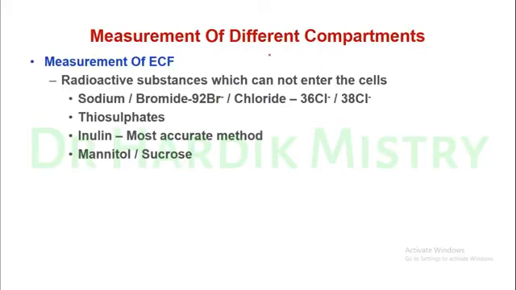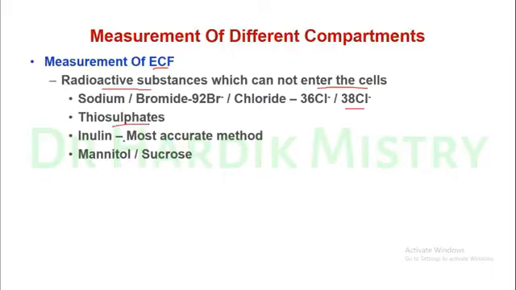Measurement of different compartments. For measurement of ECF, the extracellular fluid compartment, we use radioactive substances which cannot enter the cell. So we can measure the extracellular fluid compartment, which includes the plasma and interstitial fluid compartment. Sodium bromide 82Br minus, chloride 36Cl minus, 38Cl minus are used, and these are radioactive substances.